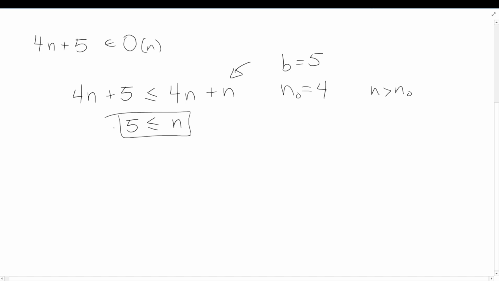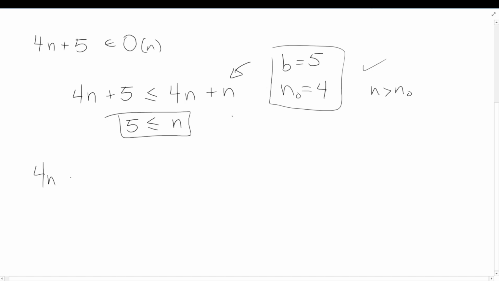So I've just done a little scratch work, and I've come up with a b and an n naught that I think works. If all you were concerned with was verifying this relationship, then you're done. However, if you need to convince someone, you might want to take this scratch work and put it into a proof.